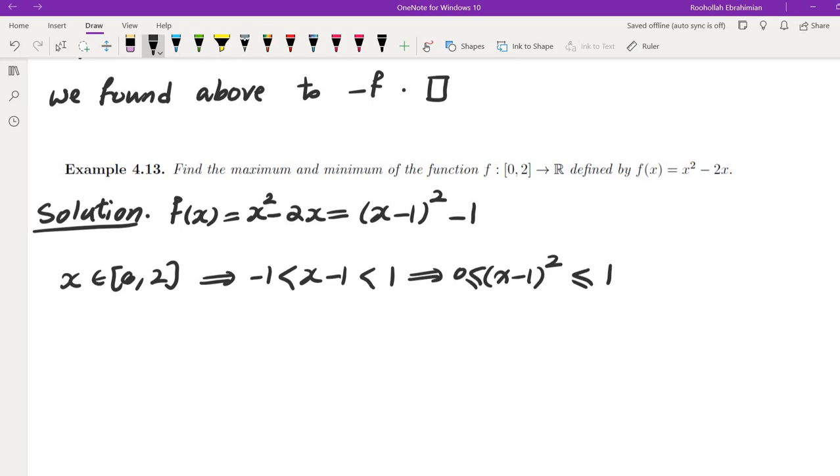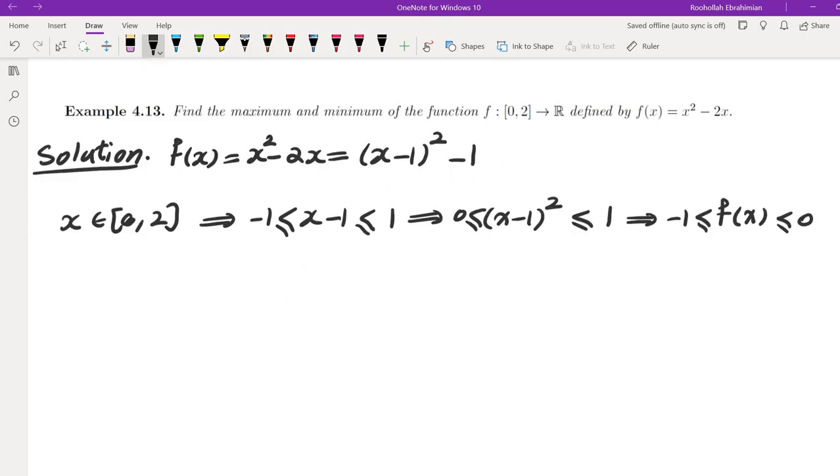When x minus 1 is negative, x minus 1 squared is still less than 1, because when you square both sides of an inequality when both sides are negative, you have to flip the direction of inequality. And by the way, these have equality signs. And this means if I subtract 1 from all three sides, I would get f of x is between negative 1 and 0.